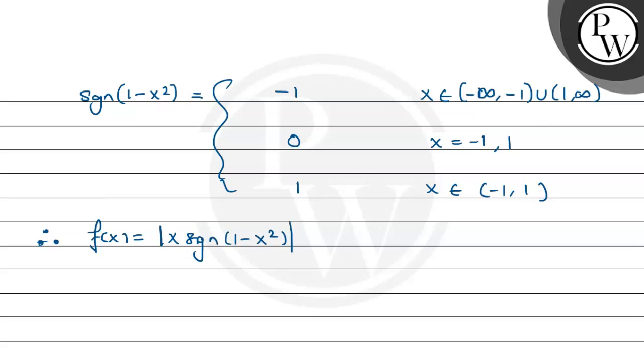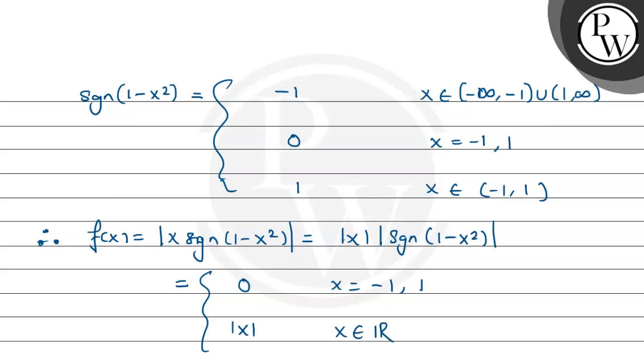Now f(x) can be written as |x| times |signum of (1 − x²)|, and if we substitute the value for signum, f(x) will be 0 when x is equal to −1 or 1, and |x| for all the other values of x, that is for all values in the set of real numbers except −1 and 1.